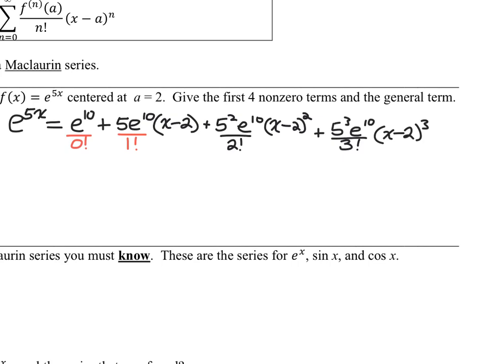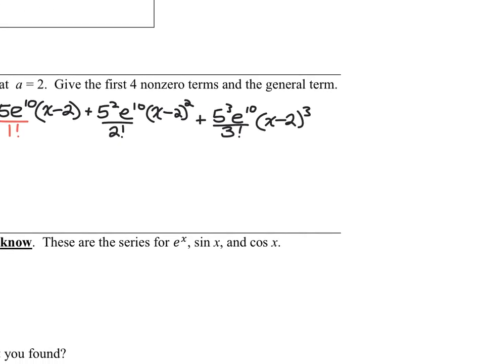All right, now what I need to do is come up with my generalization. So plus dot dot dot 5 to the nth e to the 10th over n factorial. All right. Take note of the quality of these numbers.